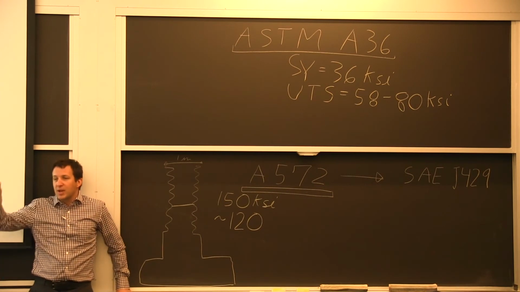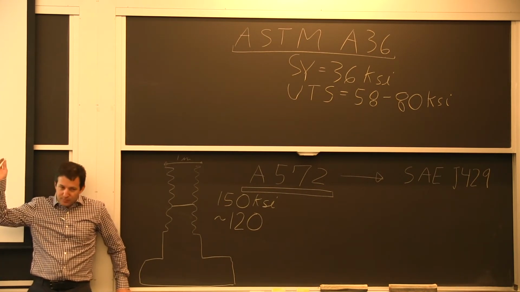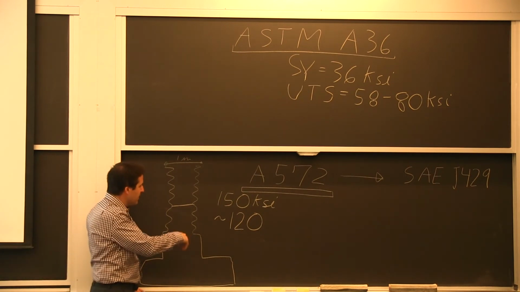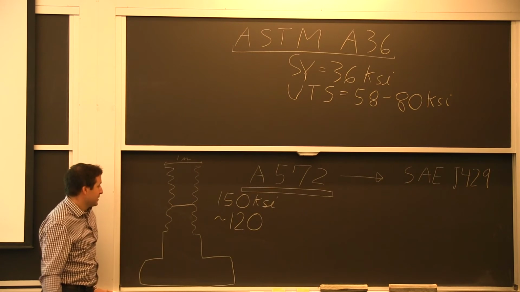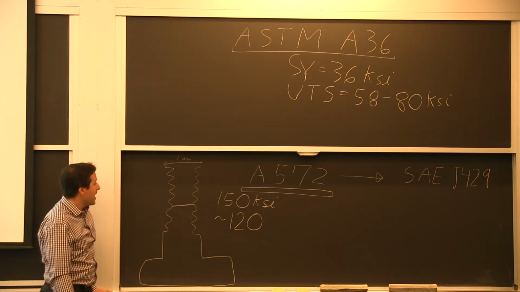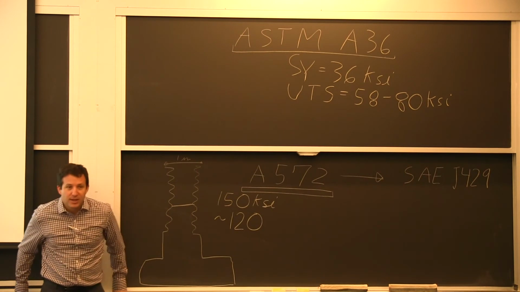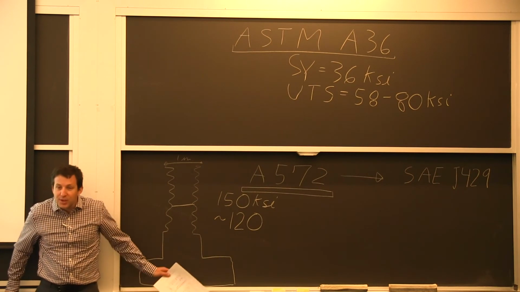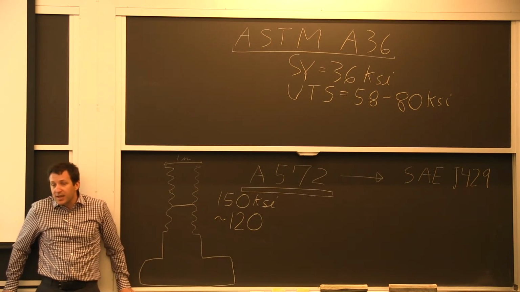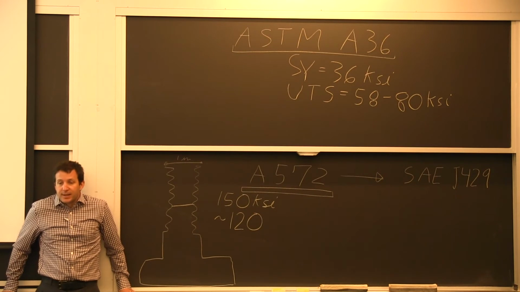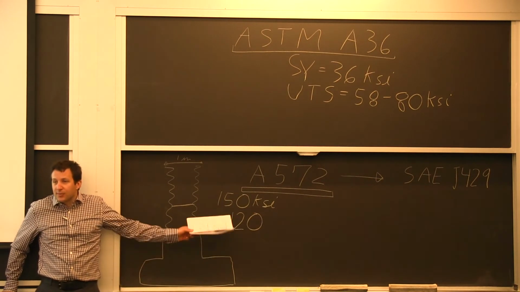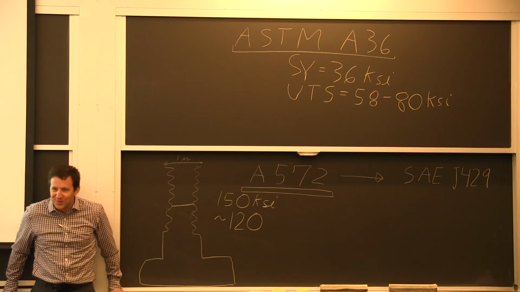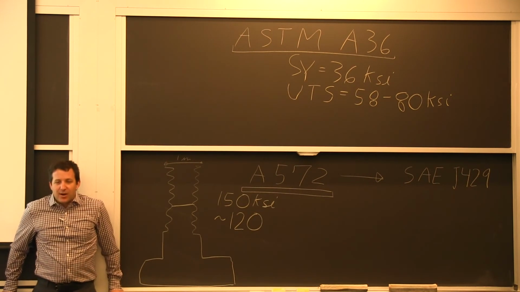So if I started really high in strength, down the road, when I divide by 5, I'm getting into the 20, 25 KSI range. Even though I'm doing it very roughly for you, 28 KSI is the approximate stress amplitude that these bolts will take, even though they have 150 KSI of yield strength.